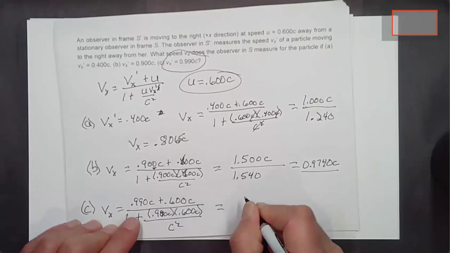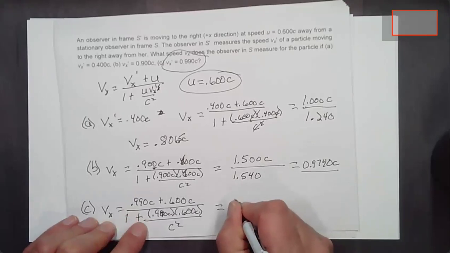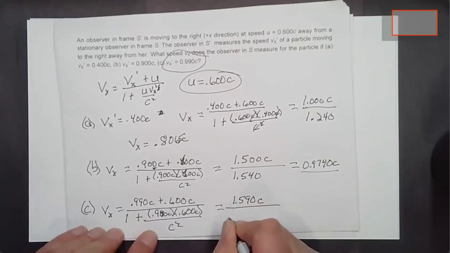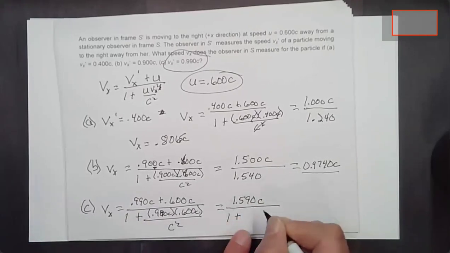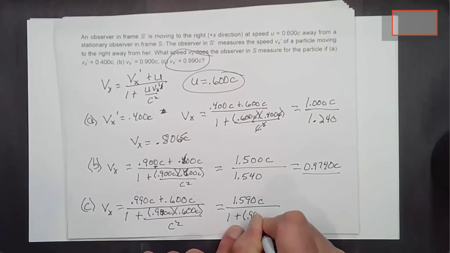Which ends up being, I think, 1.590 on top if I figured it out right, divided by 1 plus, the c's divide out.